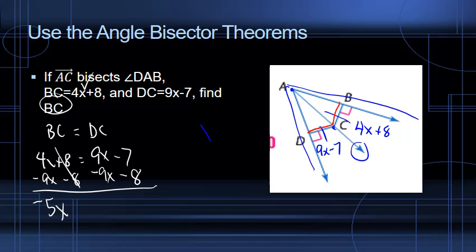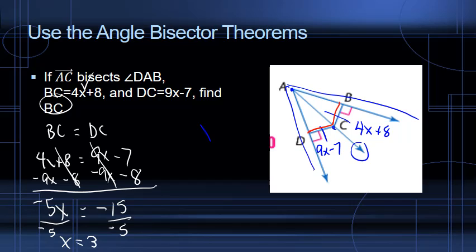Over here on the right, 9x minus 9x is going to cancel, and negative 7 minus 8 is going to give me negative 15. Let's divide both sides by negative 5. And when I do, x is going to be equal to 3.